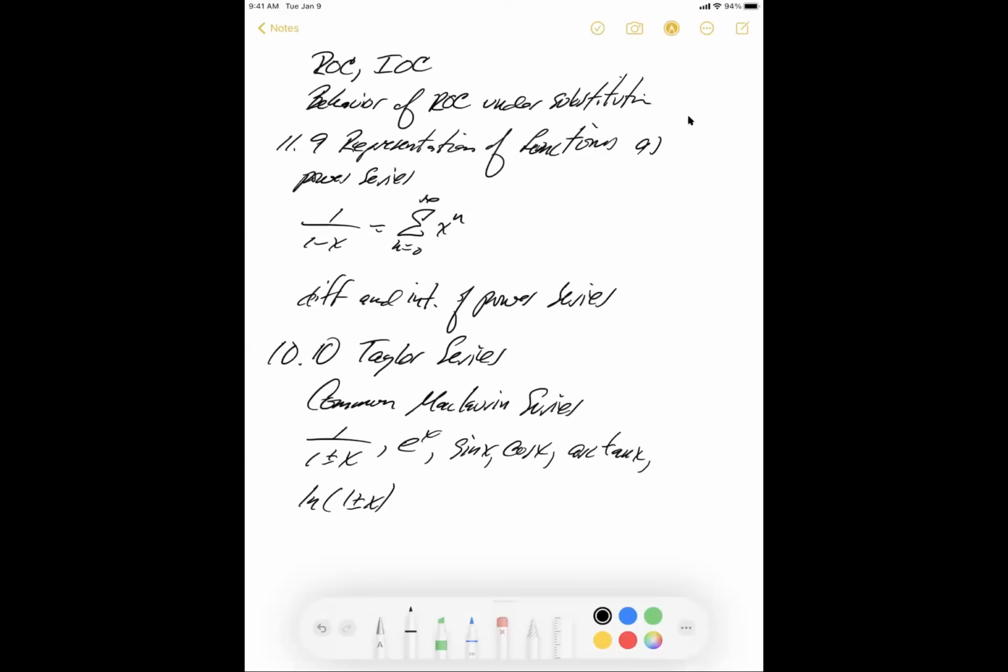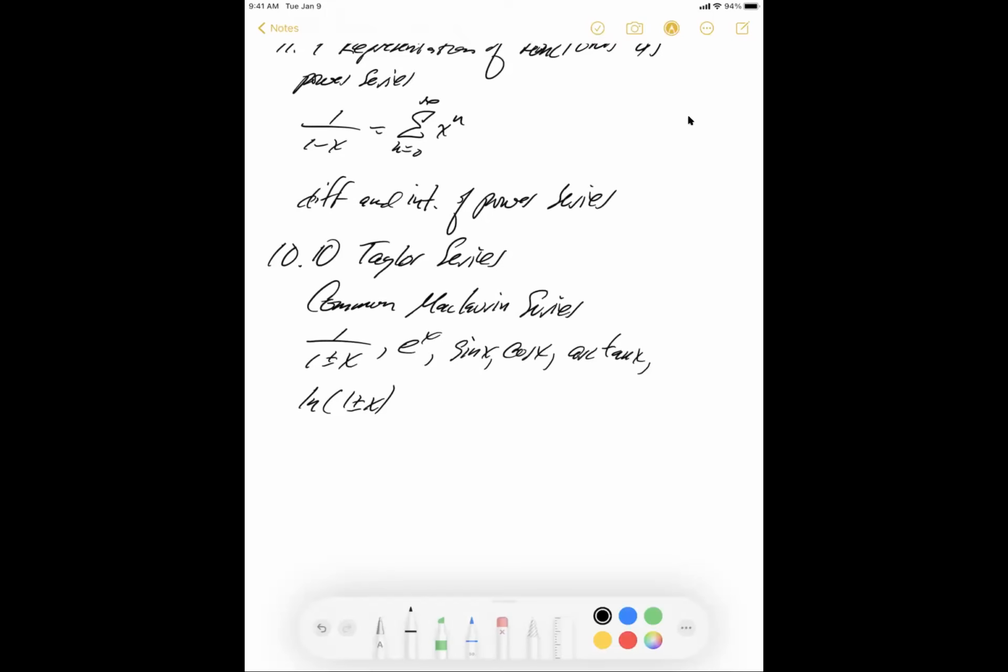I don't always memorize the natural logs. Even the arctan I sometimes forget, and the reason is that I can very quickly derive them from the geometric series. So if you forget the power series for natural log of 1 plus x, within a few seconds you should be able to get it from the geometric series.